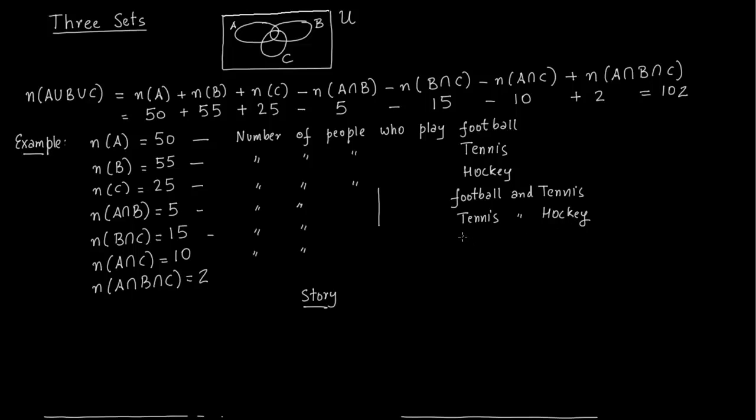Ten is the number of people who play football and hockey. And 2 is the number of people who play all 3 sports: football and tennis and hockey. And the question would be to compute number of people who play football or hockey or tennis.